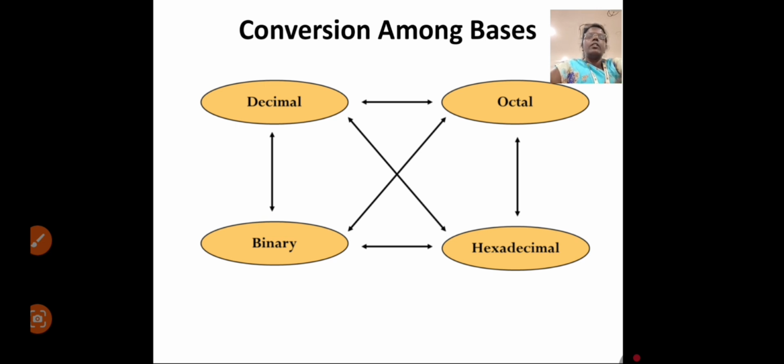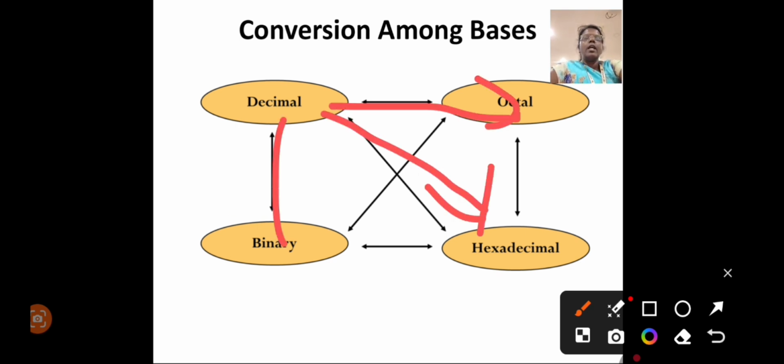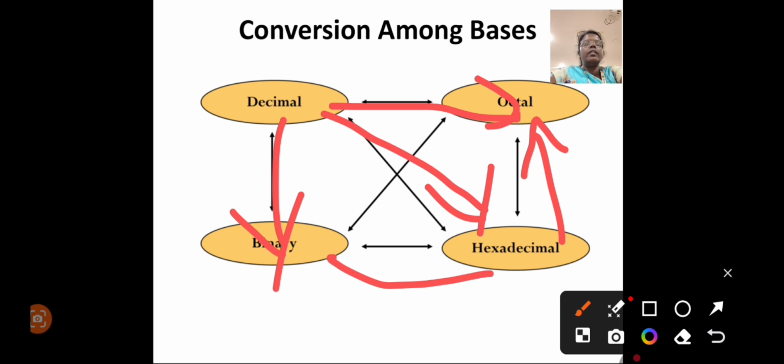For example, a number in the decimal system can be converted to octal and hexadecimal as well as binary. In the same way, a hexadecimal number can be represented in octal, in binary, as well as in decimal. This is how we can perform the conversion among the bases, or conversion among the number systems.